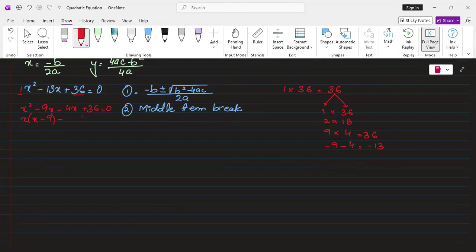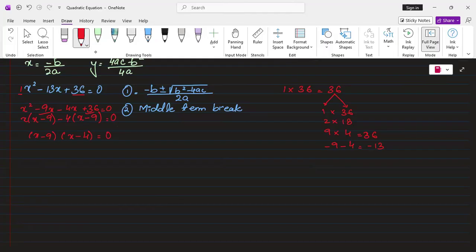From the second two terms, 4 is the common term, so you're left with x, and over here we are left with 9. As the sign of the value outside the bracket is negative, I'm going to switch the sign from positive 9 to a negative 9. As both the terms are common, I can say x minus 9 and x minus 4 is equivalent to 0.